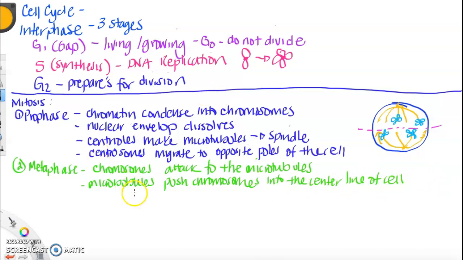Okay, so once they're lined up, we have our little cell, and our little line is here, and our little guys are lined up. That is called the metaphase plate.